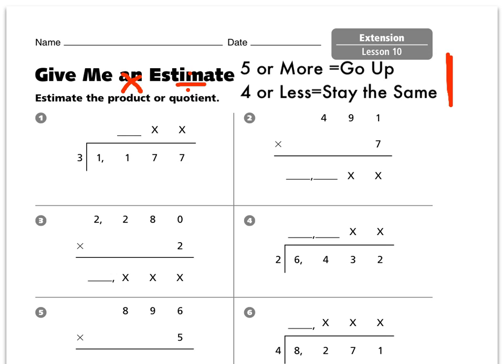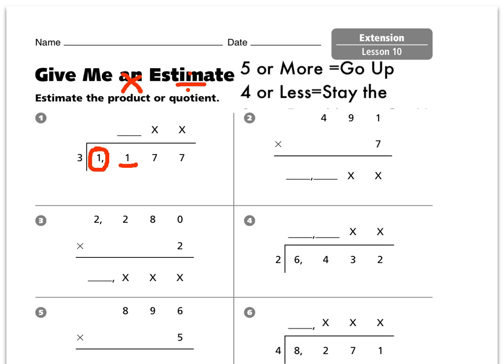So using that information, I'm going to be estimating numbers 1 through 10. I want you to look at number 1. Remember, you're going to be looking at these numbers right here. The 1 is going to be doing the work. The one that's in the hundreds is going to be the boss.